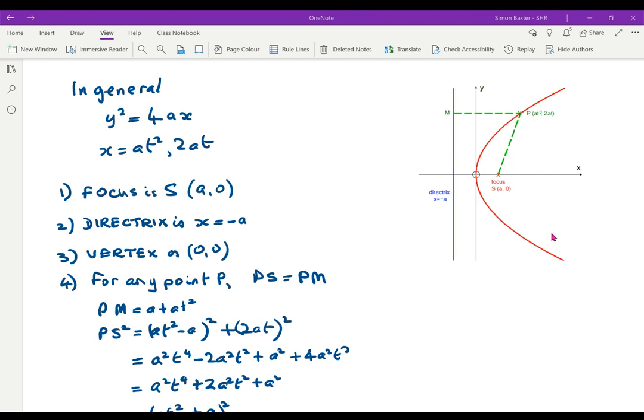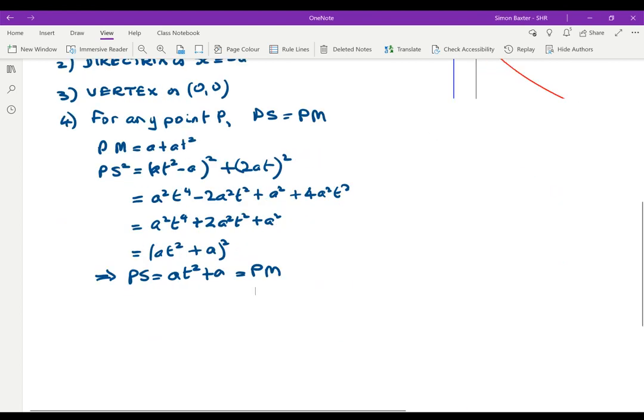It's the focus of your parabolic mirror. So PS, S is the focus, P to M, M lies on the directrix. So directrix and focus, you have to remember what they are, and they come from the standard equation, y squared equals 4ax: the focus is at (a, 0), and the directrix is at x equals minus a.